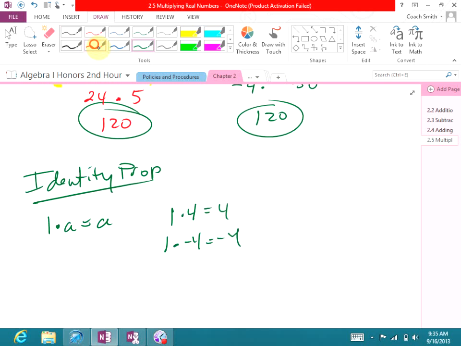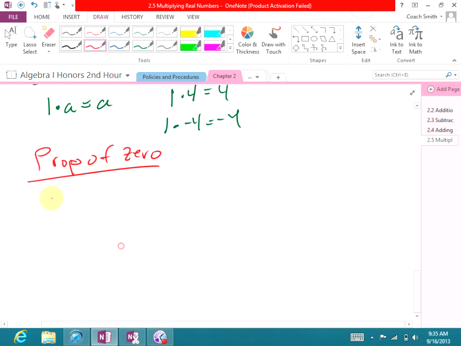The next one is the property of zero. Basically, anytime I multiply 0 times a number, it's going to be equal to 0. Doesn't matter if I'm multiplying it times a positive or a negative. It's still 0. Remember, 0 is neither negative nor positive.